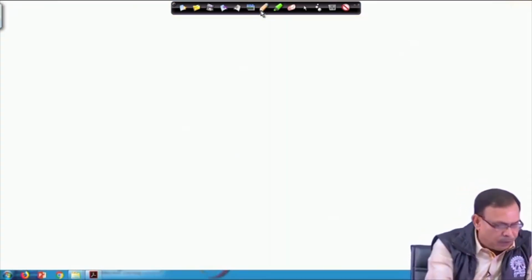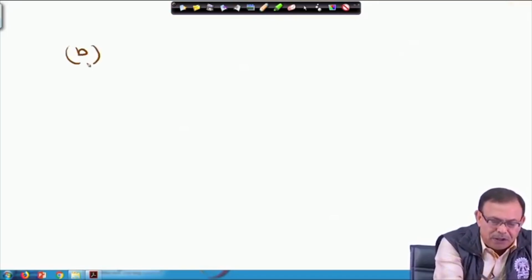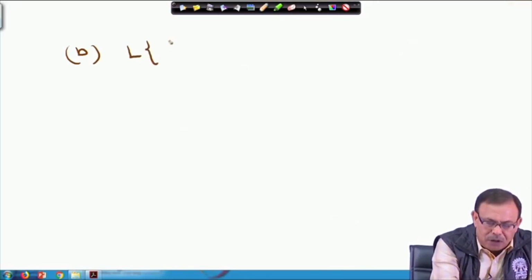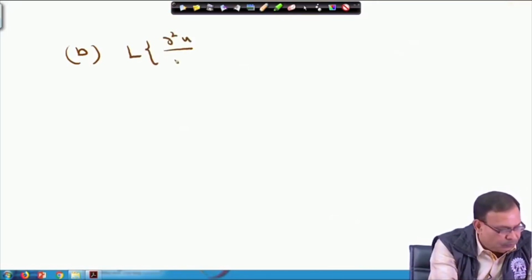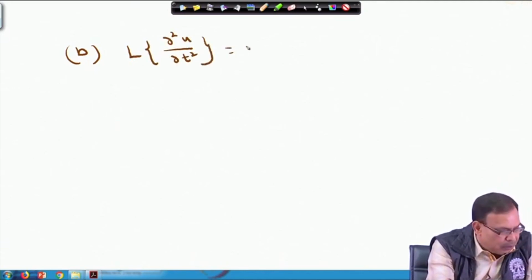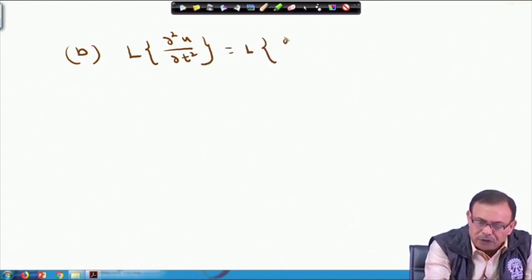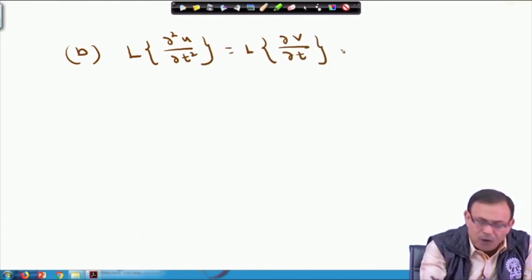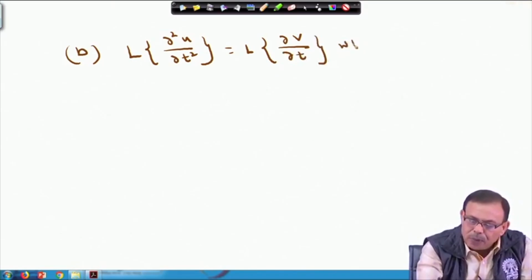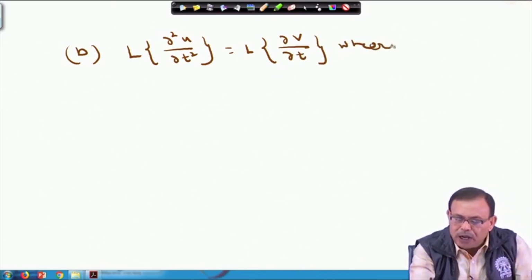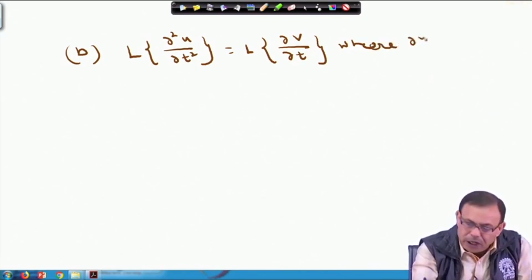Let us see the proof of the b part, that is Laplace transform of ∂²y/∂t². I can write this as the Laplace transform of ∂v/∂t, where v equals ∂y/∂t.